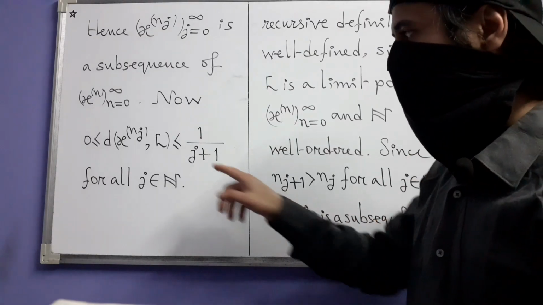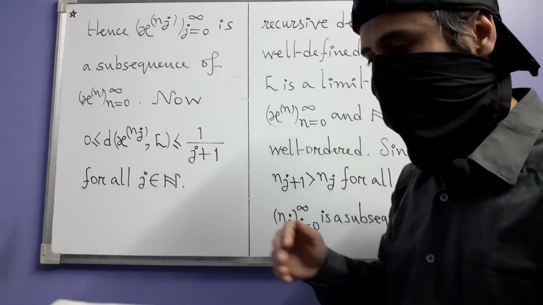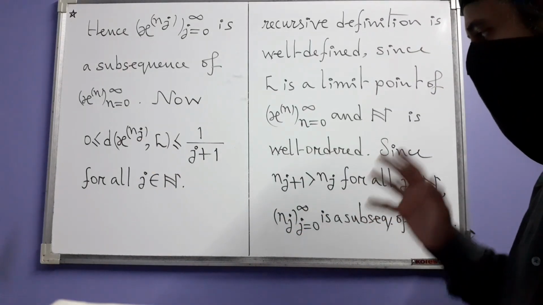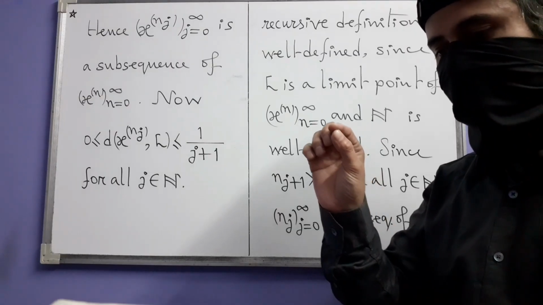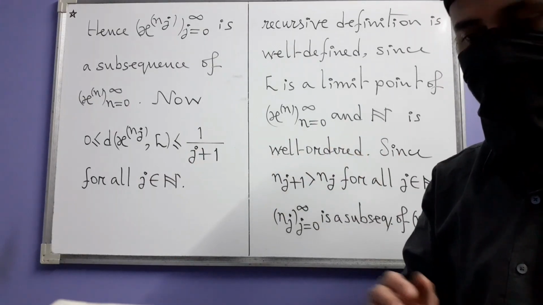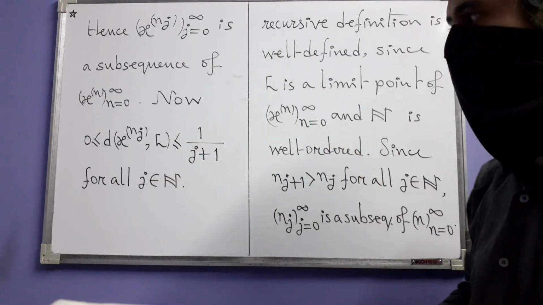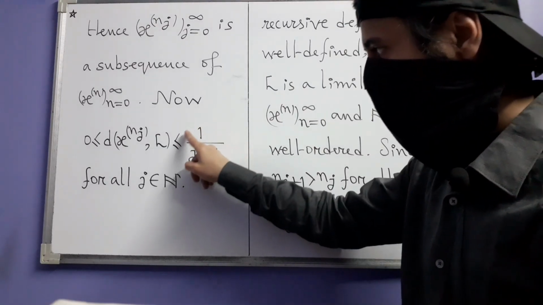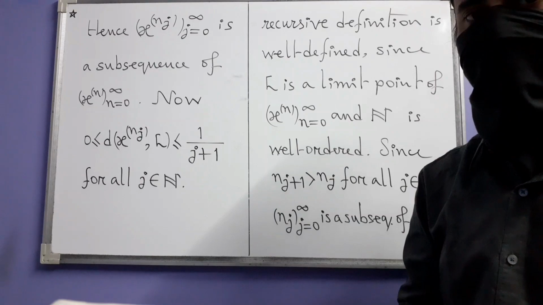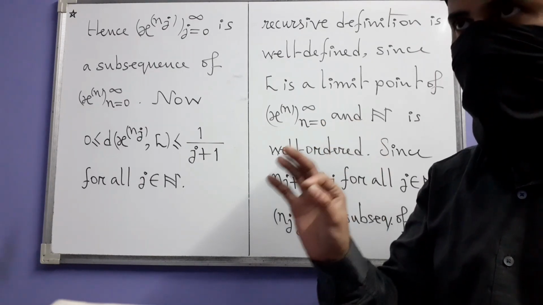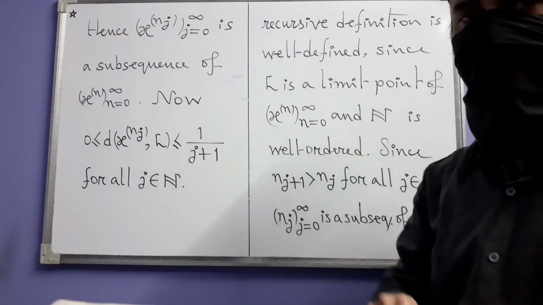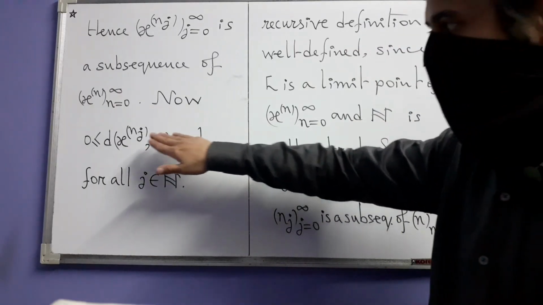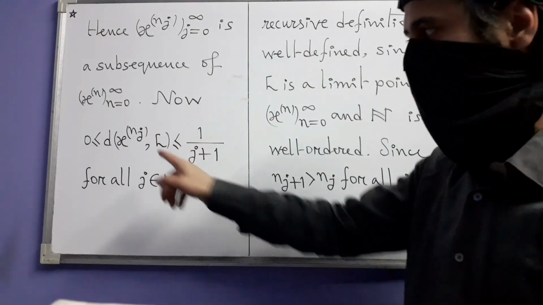Namely the fact that in the set for nj, if you apply the recursive definition to define nj, say, in terms of the previous ni's, there in the inequality part you will have this 1 divided by j plus 1. Now because nj will be an element of that set, so this inequality will be true for nj, or if you want to say for xnj.